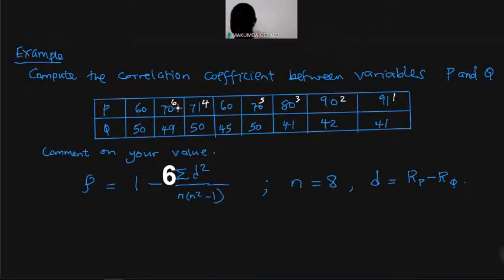Then position 7 you have this 60, and this other 60 takes on the next position.